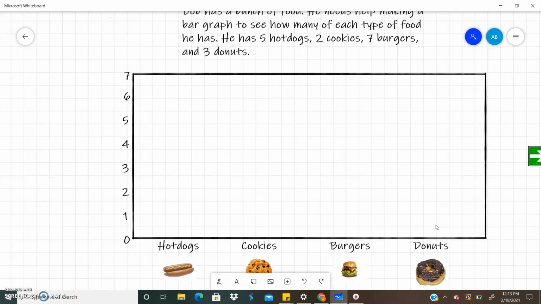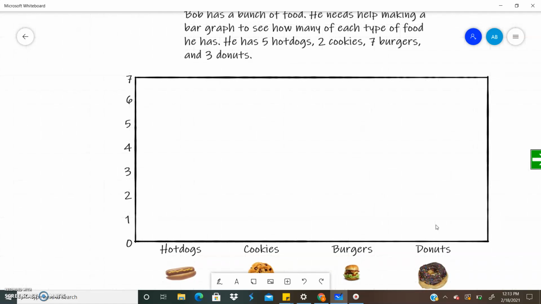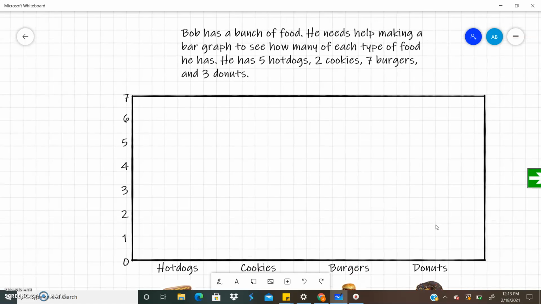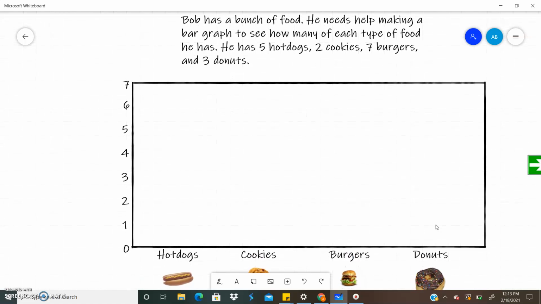Okay, so now we're going to move on to something a little different. So we're going to take data. We're still going to be dealing with that data, whichever way you like to say that. But we're going to be dealing with it in a bar graph this time. So this says, Bob has a bunch of food. He needs help making a bar graph to see how many of each type of food he has. He has 5 hot dogs, 2 cookies, 7 burgers, and 3 donuts.